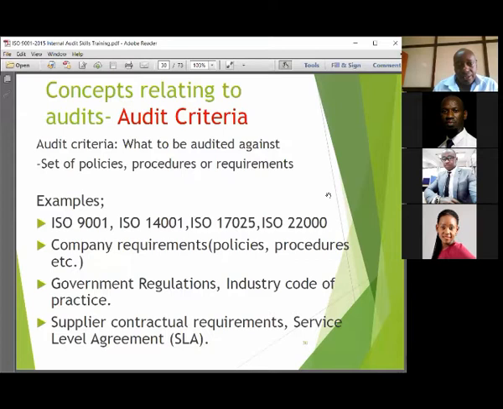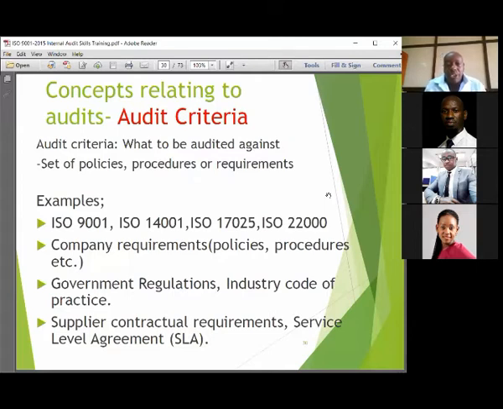It could be ISO 9001, like the one we'll be doing. Yeah, there will be ISO 9001 and also company requirements. That one we can't miss out, and government regulations. Because you have to be a legal organization that is complying with the relevant legal regulations.